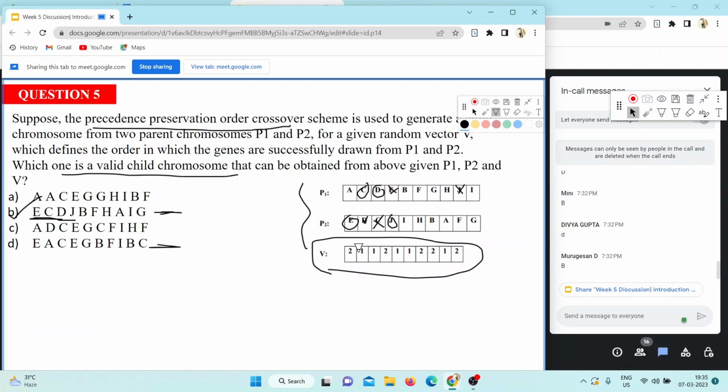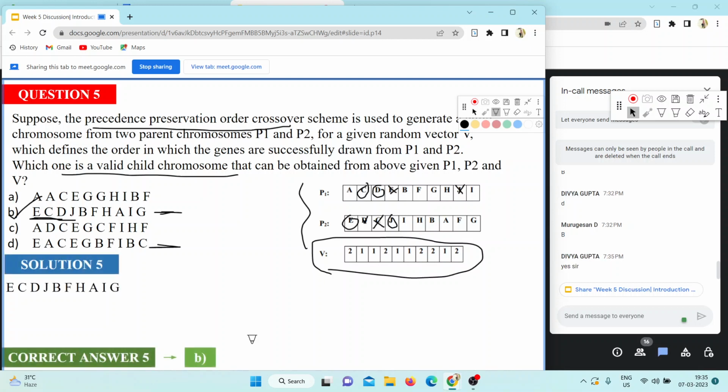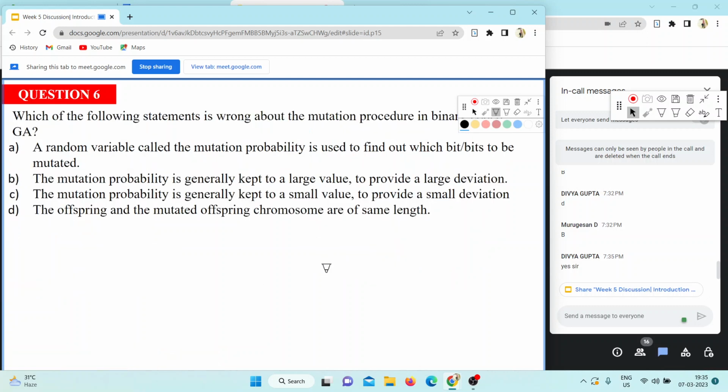Then the second is telling 1, so we have to select from the first parent, that is we have selected C. Third is telling 1, so again we have selected D. And fourth is 2, that is we have to select from the second parent, that is we have selected J. So is this clear to all of you? Okay, so I think this is clear, and yes, B is your right answer.